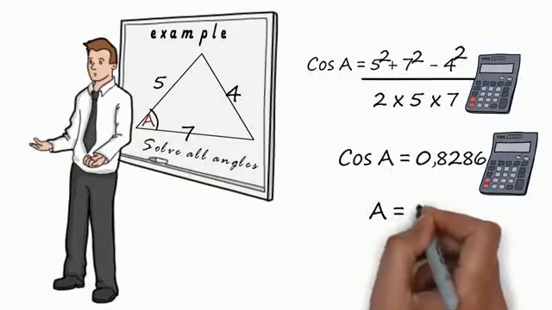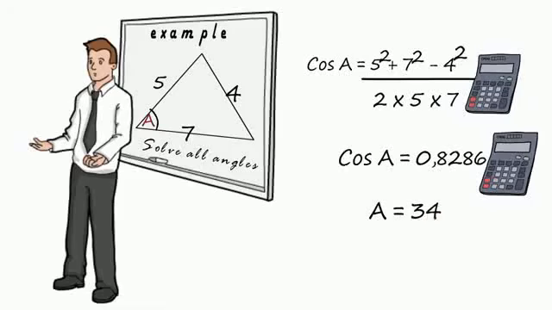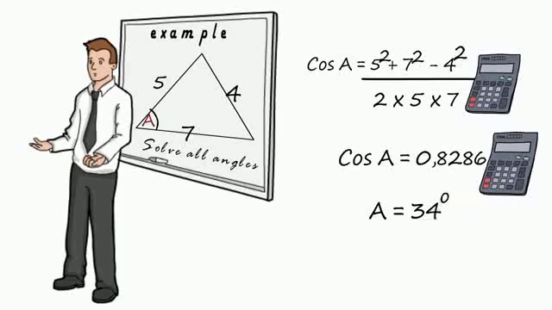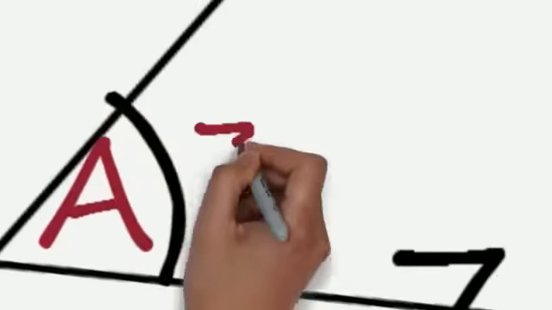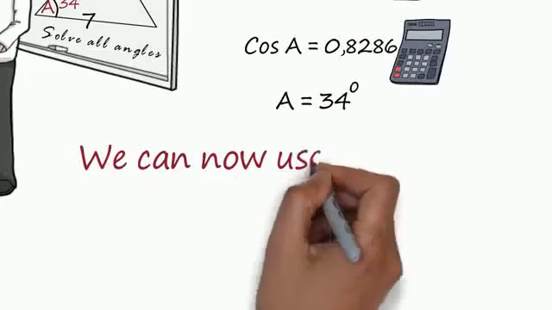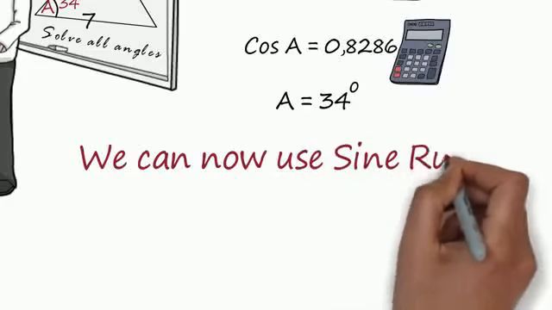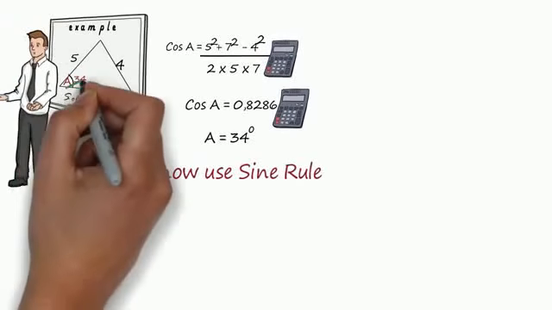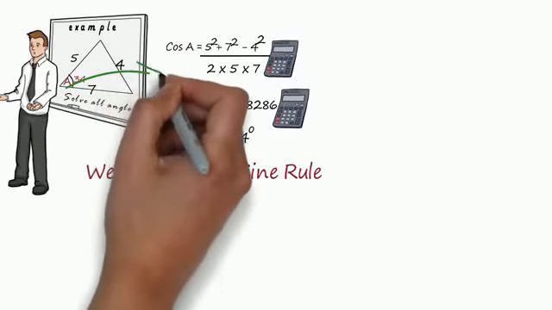Cos A will be 0.8286, and if you take the inverse cos of that, that's 34 degrees. There's a video that is going to help you find cos using the calculator, but not this particular video because of limited time and space.